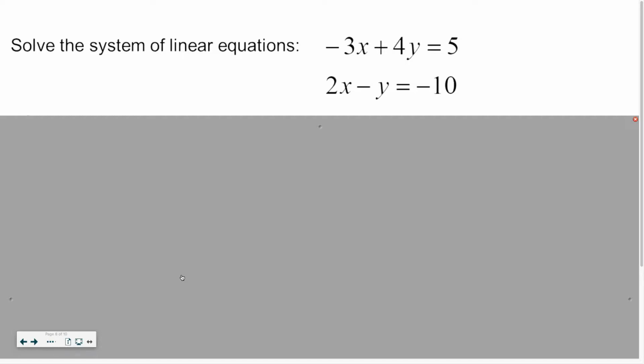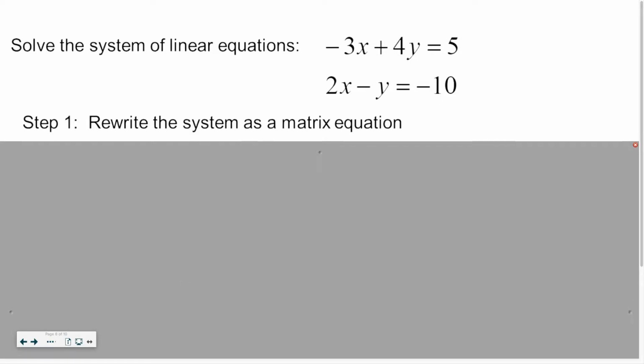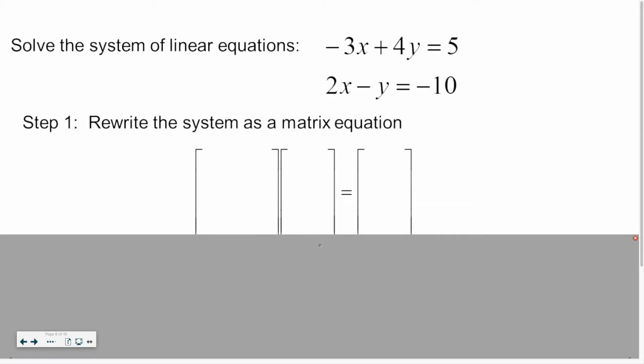Currently it's just a regular old system of equations, but I need it to be in matrix form. So one option last week was to write the augmented matrix. That's a single matrix that we changed into row echelon form. Today, we're going to write a matrix equation.